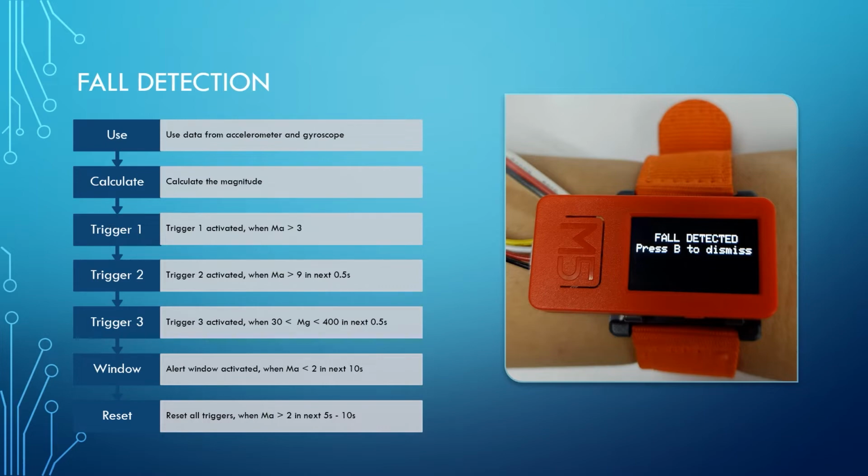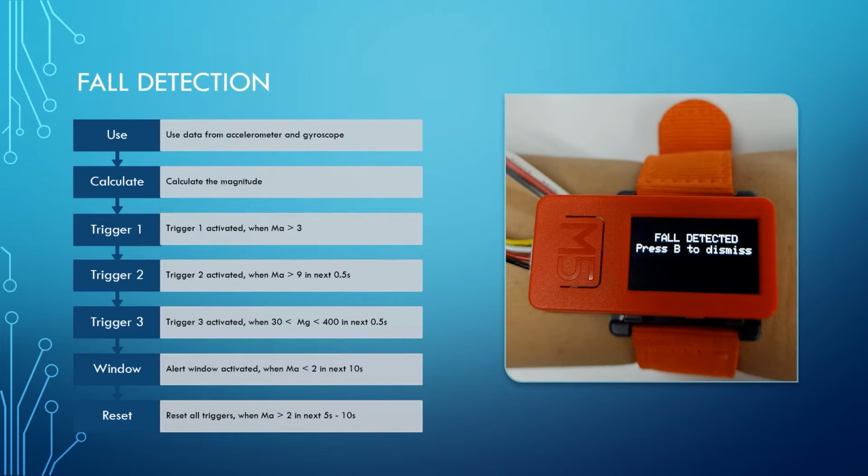The first trigger is when the acceleration is greater than a smaller threshold. After the first trigger is activated, in the next half second, if the acceleration is greater than a larger threshold, the second trigger will be activated. Then, in another half second, if the angular velocity of the rotation is within the set threshold, a successful fall will be detected.